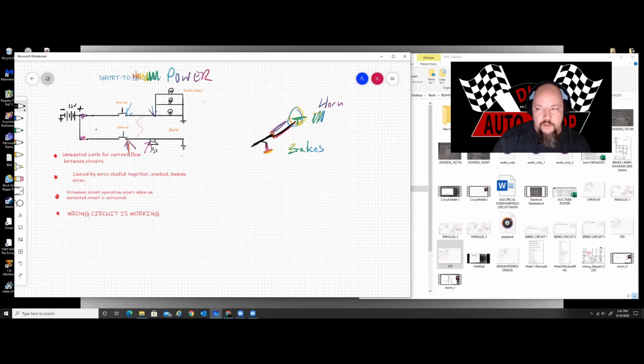So I know that physically in the real world, I'm not going to worry about the steering column because there's no brake light up there. Likewise, I'm not going to be looking for the horn wire down here on the brakes all by itself. But in this center trunk of the wires where everything comes together, where those wires may be together physically, where they start routing together, that's where I'm going to start looking.